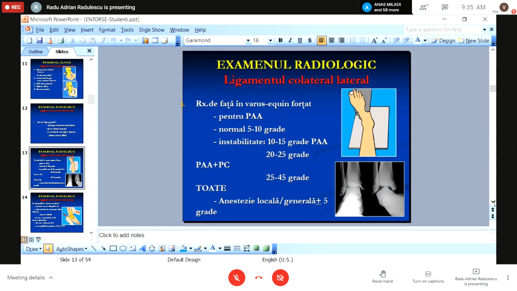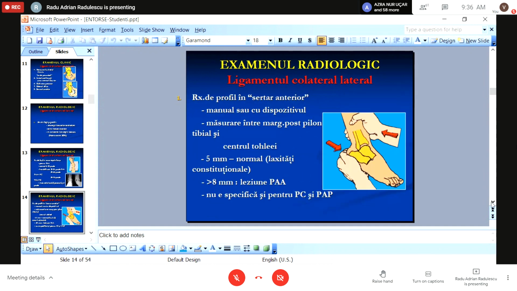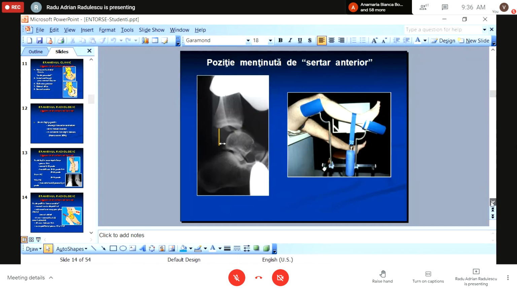But we need to do the same thing in the sagittal plane, because you see, if we grab the leg with one hand and the heel with the other hand, and try to push, in fact to pull the foot anteriorly, we may have the surprise to obtain a so-called anterior drawer. So the foot is lax, the ankle is lax, and allows the foot to come to anterior position.